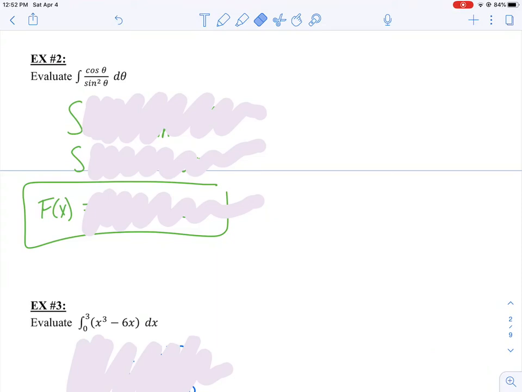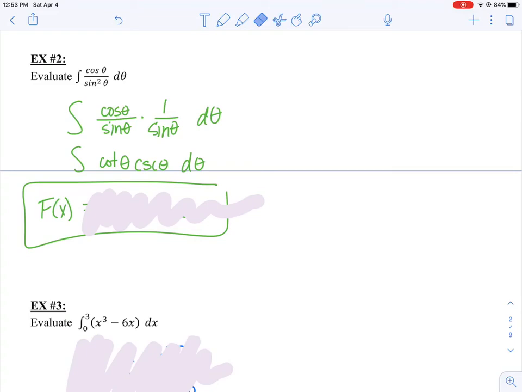Well, we've seen problems like this in the past where we can take the sines on the bottom and split them up a little bit. We can call this problem cosine theta over sine theta times 1 over sine theta, and it would mean the same as the original, right? We haven't changed its value. How is that going to help us? Well, we know that 1 over sine is really the same thing as cosecant, and we know that cosine over sine is really the same thing as cotangent, right?